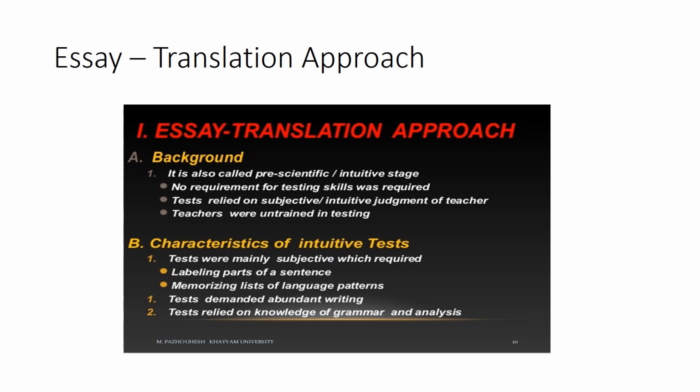Also, there was a writing test, asking students to write something or to summarize something in the form of précis questions, and these tests required learners to have knowledge of the meaning of words and the grammatical analysis of sentences.